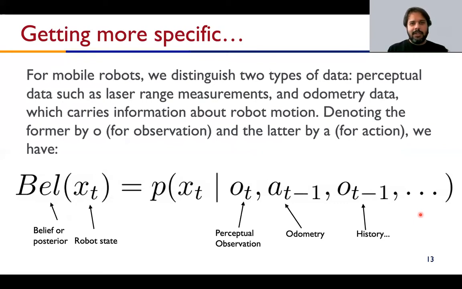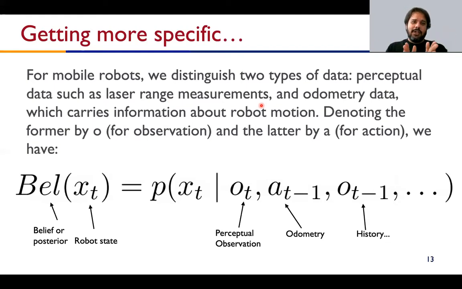Your perception data is, for instance, the laser range measurements produced by the LiDAR sensor on your robot. The second category is odometry data, or the history of actions or control inputs that have been logged and that can give you some indication of how the robot has moved in the world.